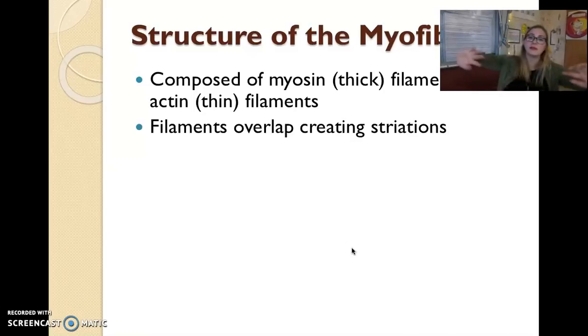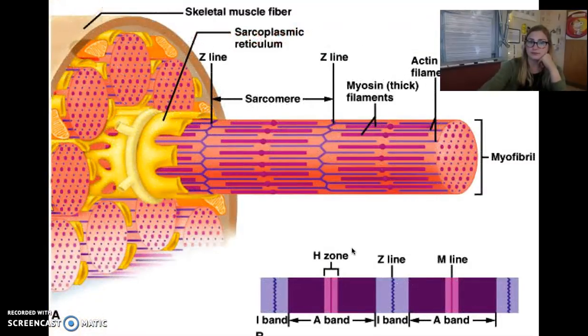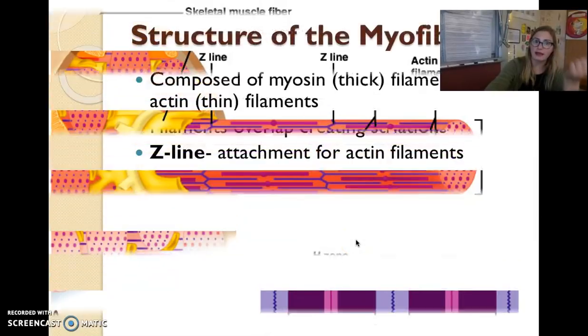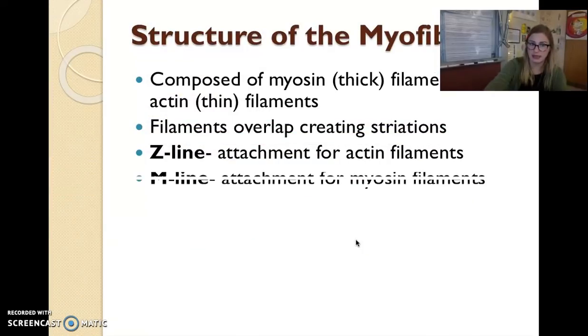And these filaments are what overlap in order to create those stripes that we see with striated muscle, like skeletal, like cardiac tissue. So the Z-line, you can see because it's a zigzag. The Z-line in this area is going to be where the actin attaches. So the actin is attached to the Z-line.